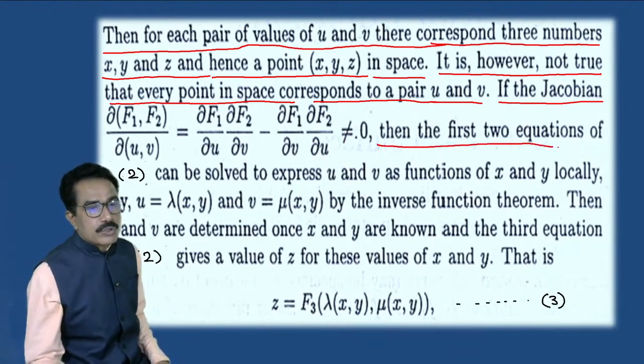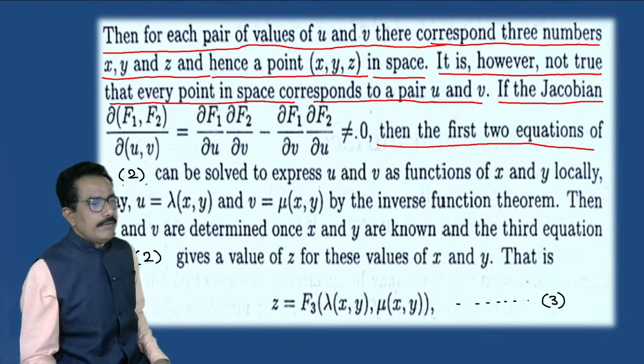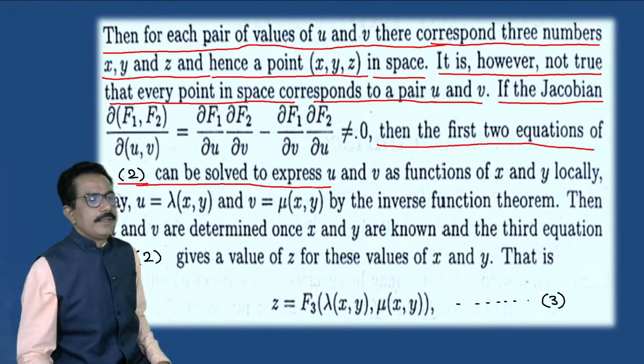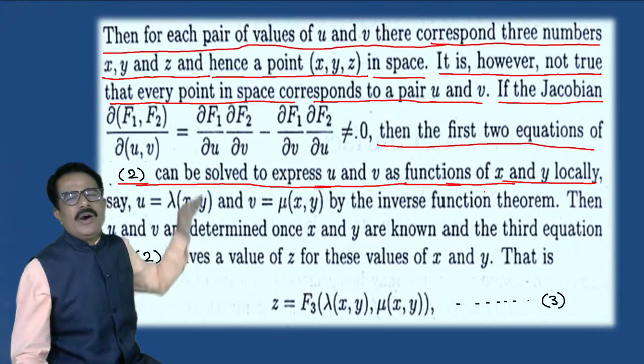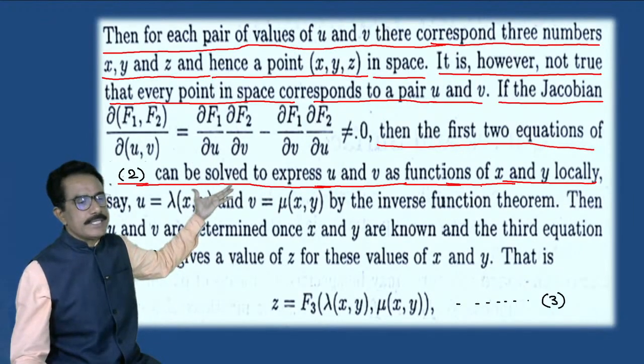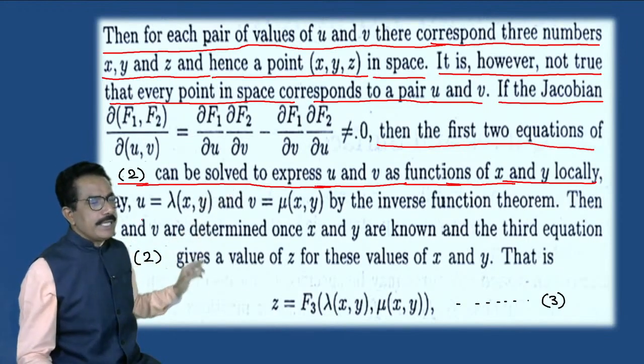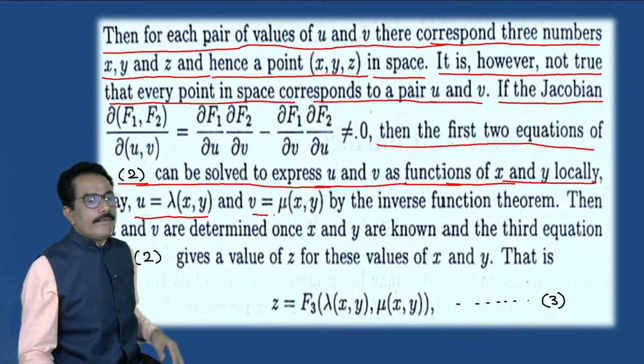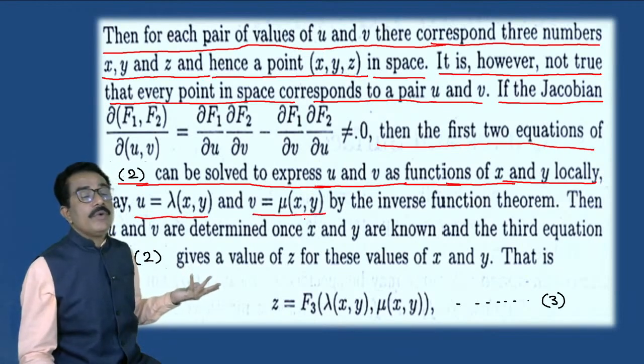Then the first 2 equations from equation 2 can be solved to express u and v as functions of x and y locally. Already हे आपण discuss केलेलं आहे. You have studied in the syllabus of B.Sc. We say that u = λ(x, y), v = μ(x, y).